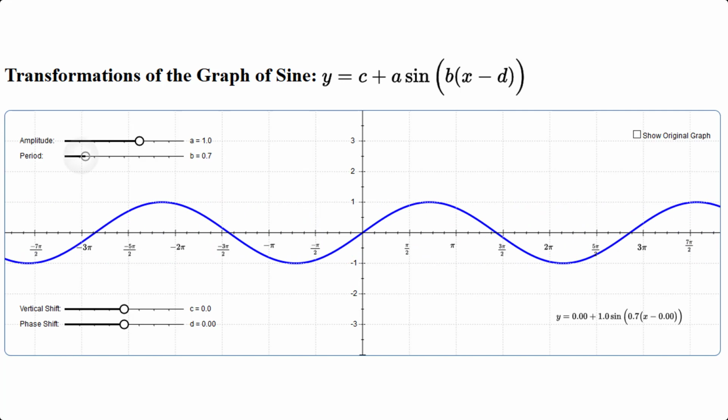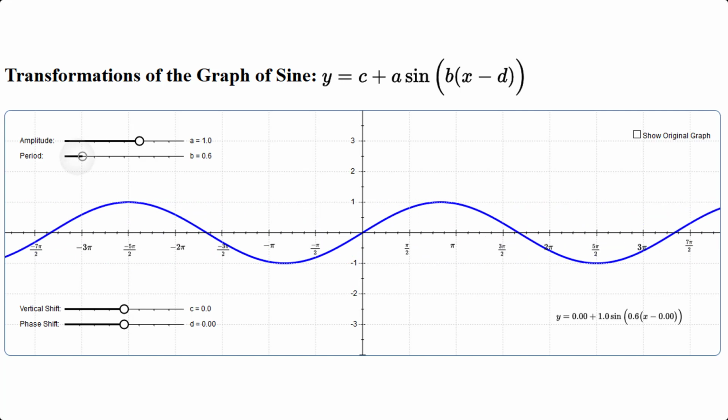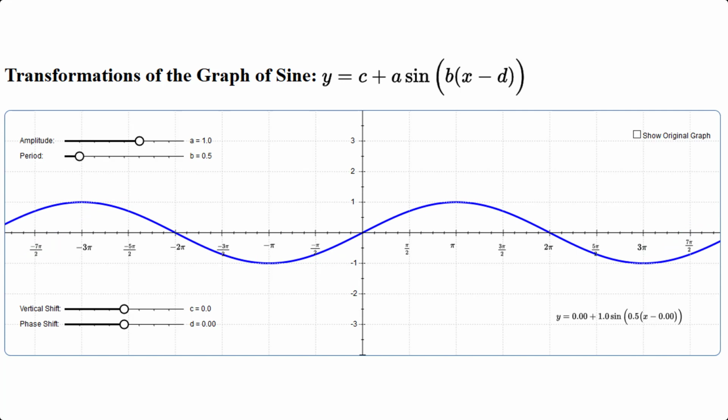If you bring your value of b down to, say, a half, then only half of the pattern happens between 0 and 2 pi. So I haven't even reached a full cycle, and I won't reach a full cycle until I get over here at 4 pi, which isn't even on my scale.